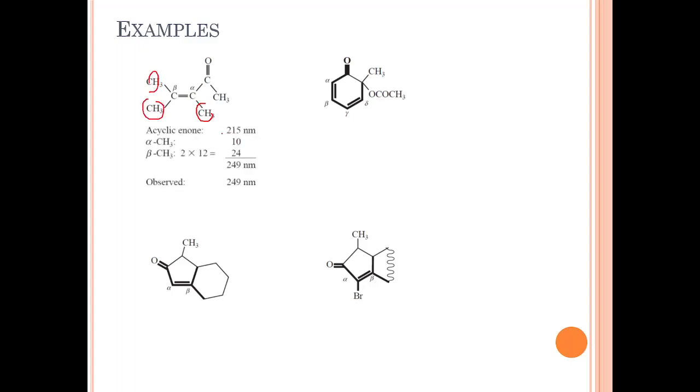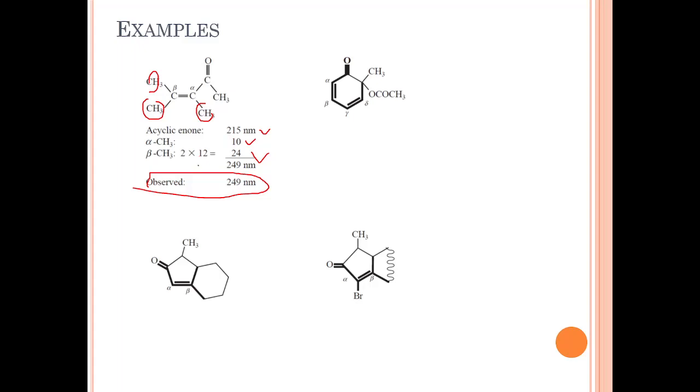So let's calculate. Basic value 215, alpha methyl 10, and 2 beta methyl 12 into 2 is 24. So it will be 249, and the experimental value also shows 249. That means our calculations are correct.